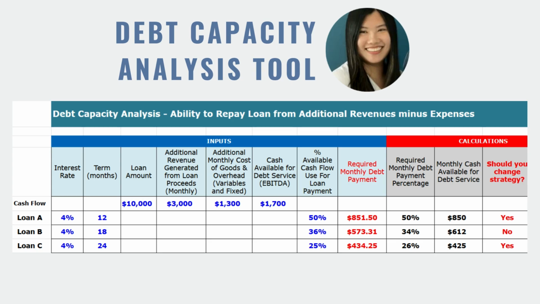Now comes an important part of this chart, identifying how much of your increased cash flow you want to have available for loan repayment. The incubator recommends in most cases that the business does not reserve more than 50% of new cash flow for banks or loan payments. Why?